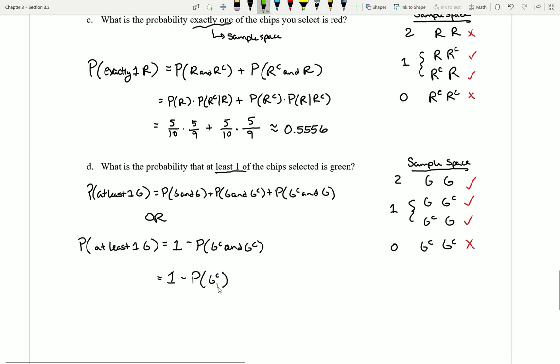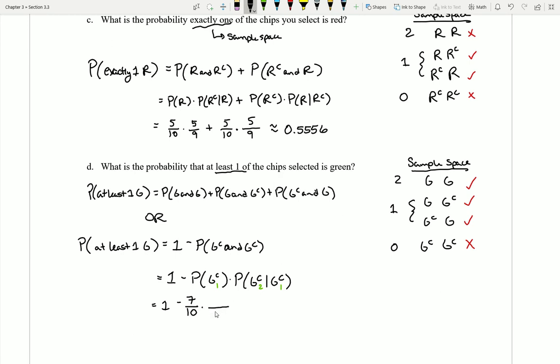Notice this would be here on our first pick. And then I select another not green, given that I already selected one at the start. So here's where sometimes these little subscripts can help us think about what's happening first and second. Now here I think these numbers are pretty easy to grab. There were 3 green chips in the bin, so there are 7 chips in the bin that are not green. So that's 7 out of 10 for my first probability.